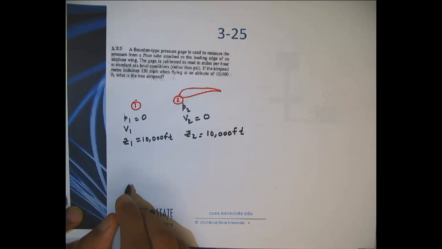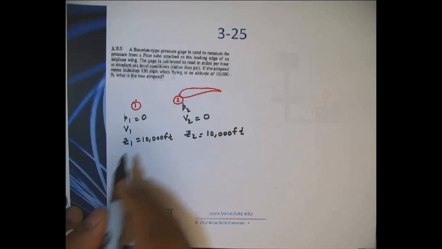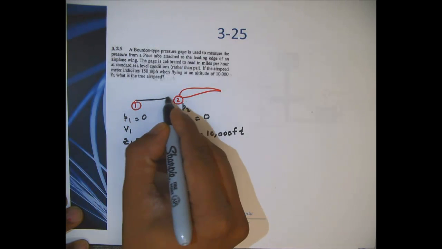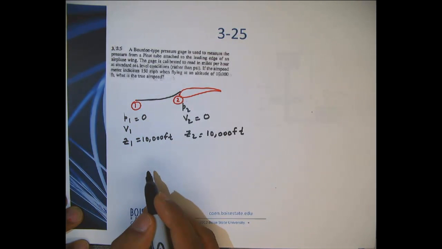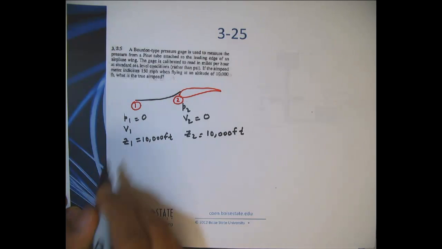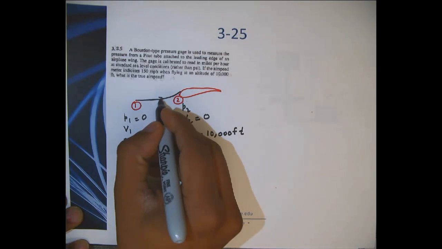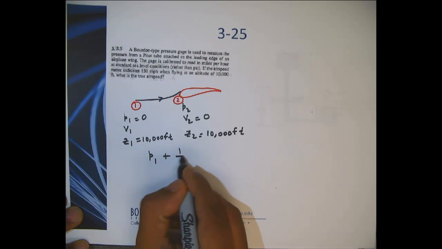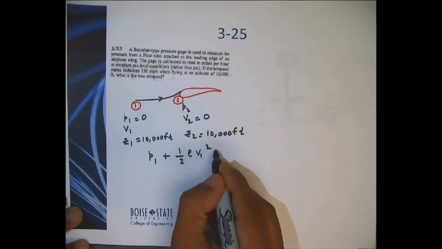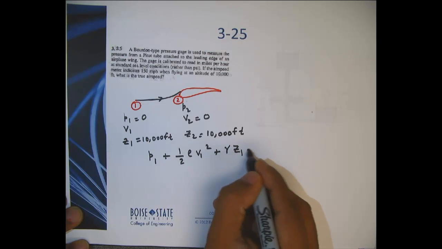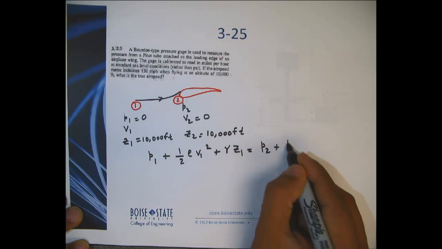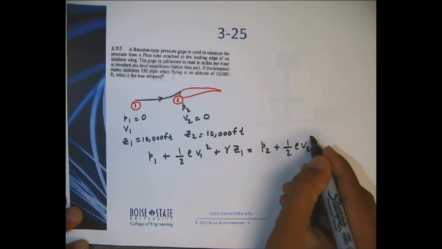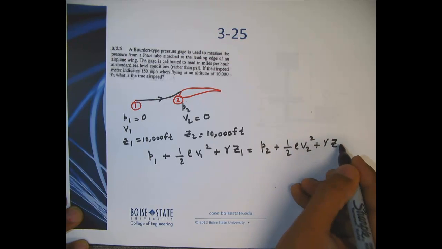So let's see what we end up with if we compute the Bernoulli equation along the streamline going from 1 to 2. I get P1 plus half rho V1 square plus gamma Z1 equals P2 plus half rho V2 square plus gamma Z2.